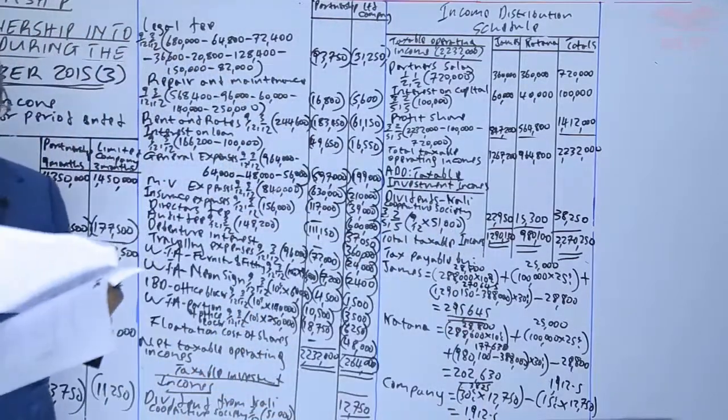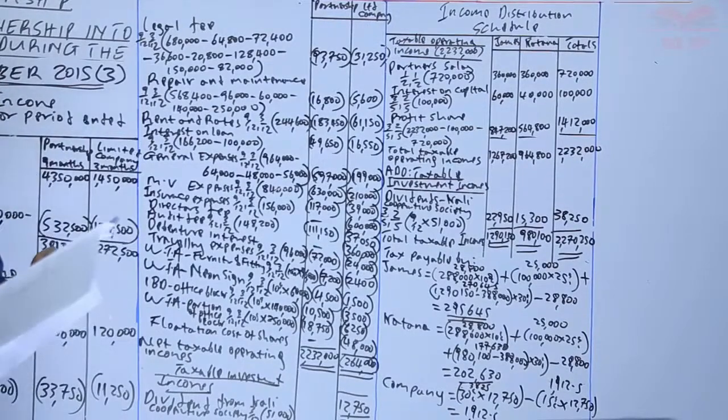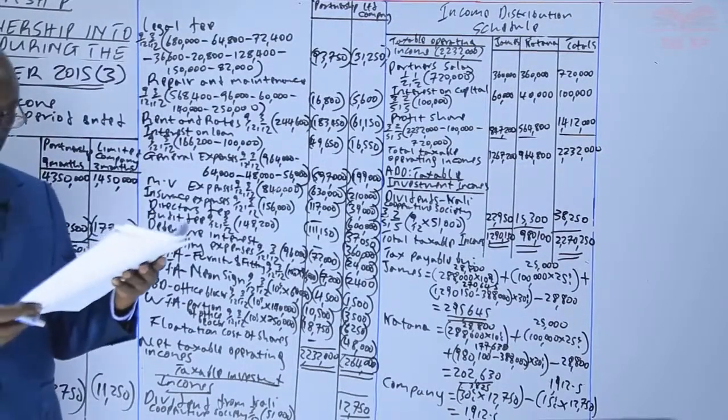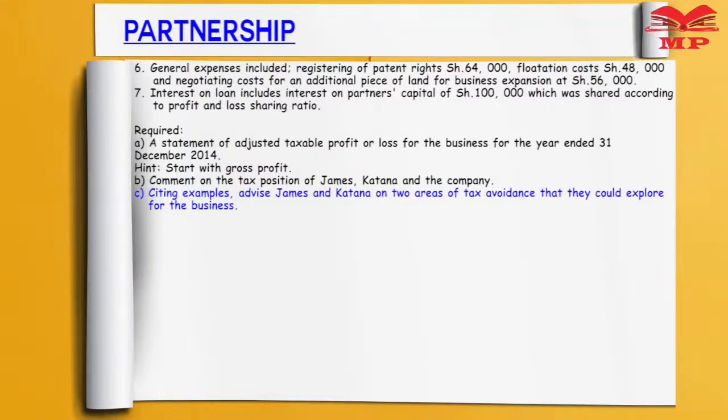Now that answers Roman 2, that is required number B, about commenting on the tax position of James, Katana, and the company. There is C now: citing examples, advise James and Katana on 2 areas of tax avoidance that they could explore for the business.